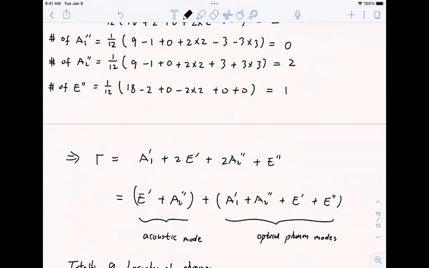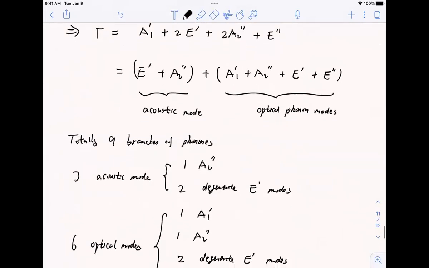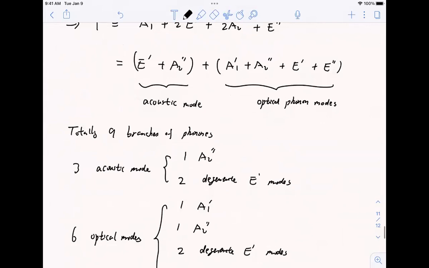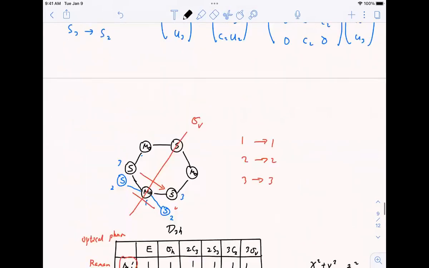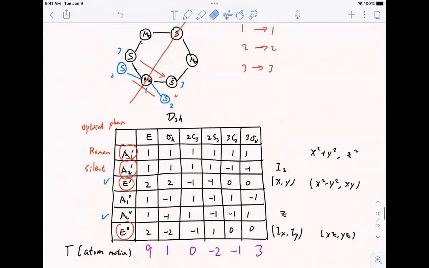That's why I'm missing the prime all the way. A2 double prime. Oh, okay, it's here. You need to see the double prime. Okay, so my mistake is made here.